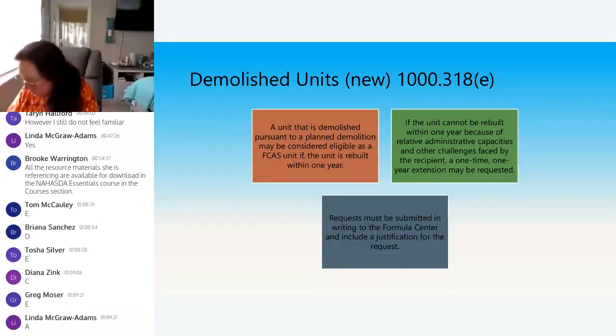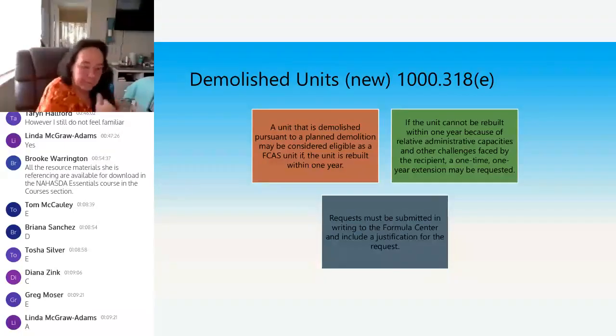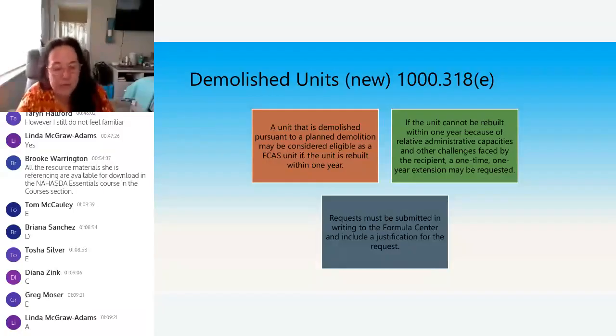Now, how this could also come into play: if you have 1937 Housing Act stock and you experience a fire or anything like that, and you're forced to move your clientele out of those units, remember what I said about that 1 year mark.